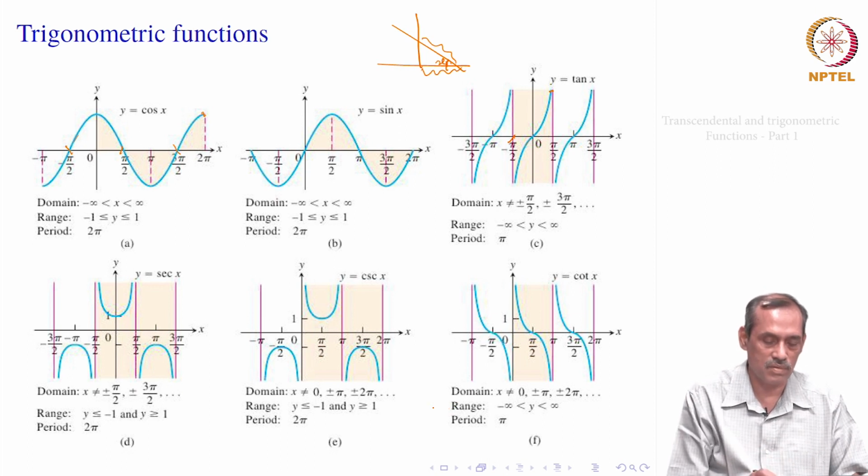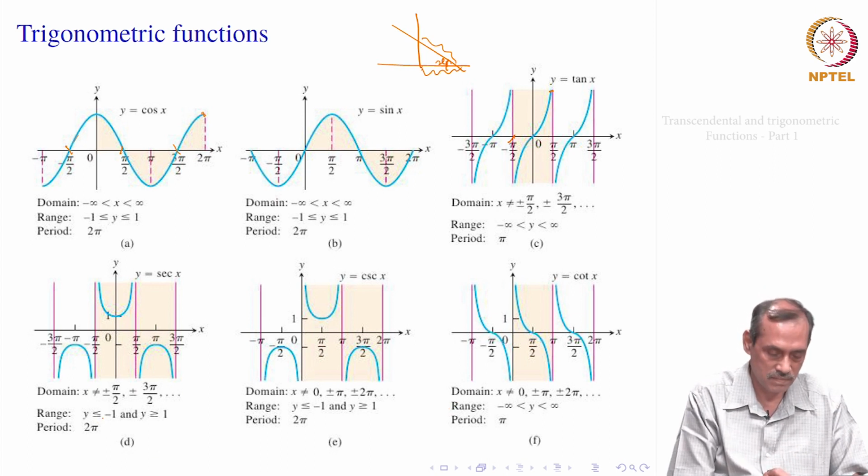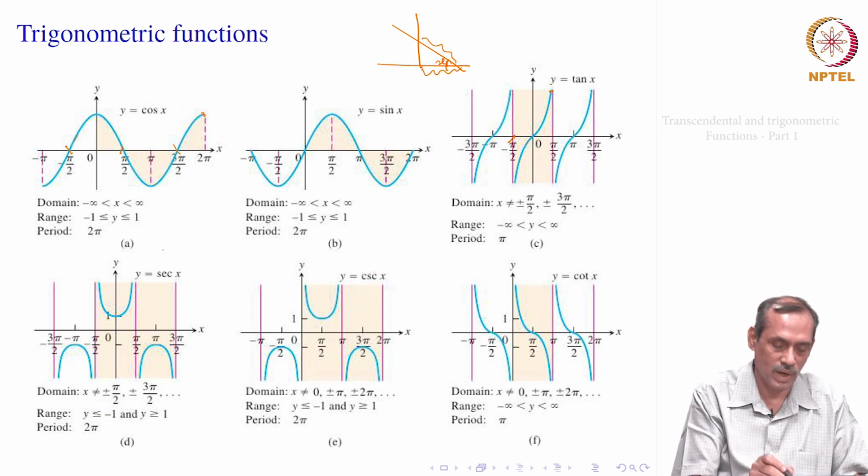And you look at y equal to secant x, or sec x. There you have again minus pi by 2, it is 1 divided by cos x. So, again it is not defined at minus pi by 2 and pi by 2 and so on, like tan, and it is repeating in a different way. This portion will be repeating here from 3 pi by 2 to 5 pi by 2, and similarly here again there is a repetition.